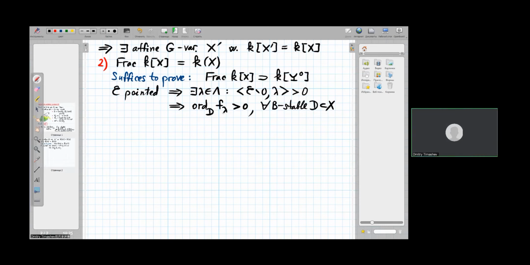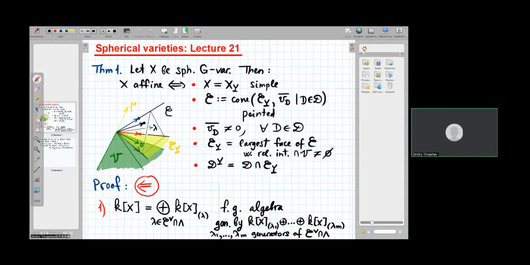Because this vanishing order is exactly the pairing of the weight lambda with the respective vector Vd bar corresponding to the divisor D. And all these vectors Vd bar are non-zero because of this condition.